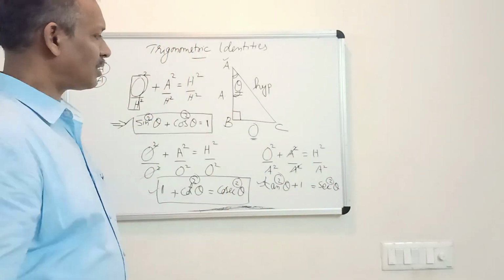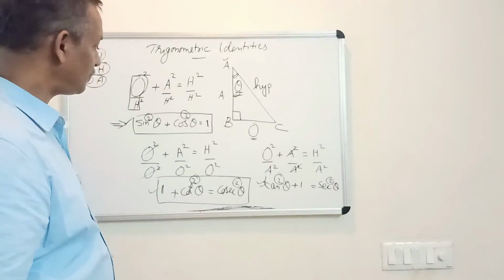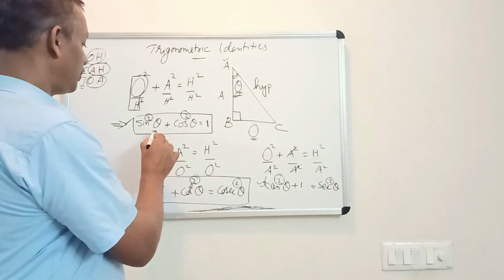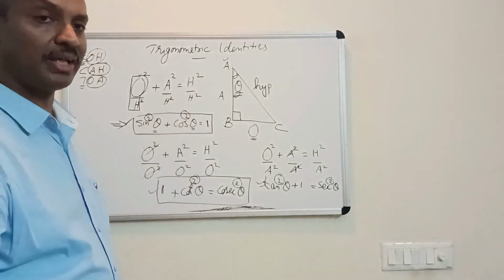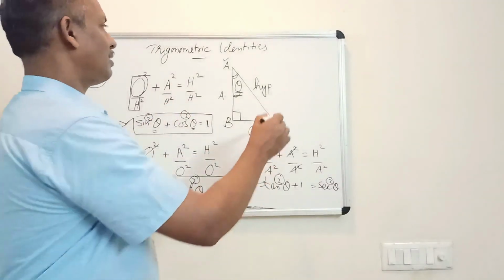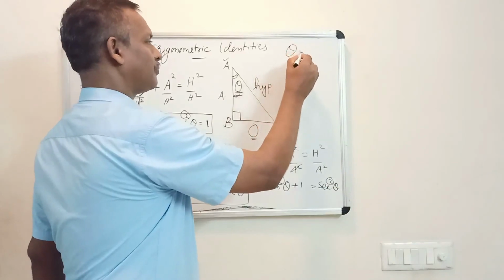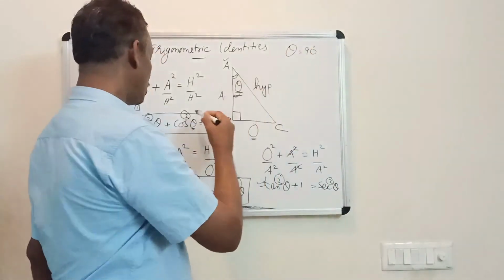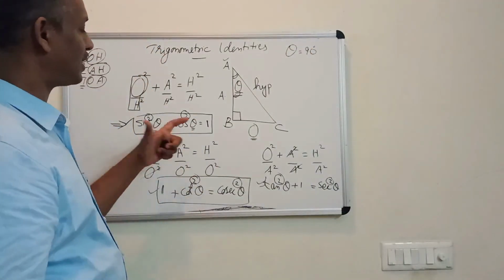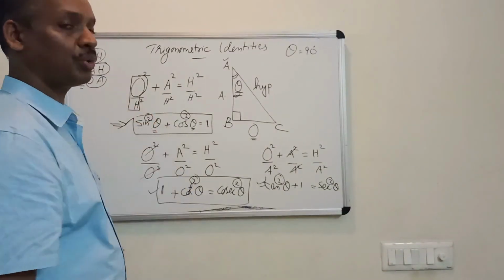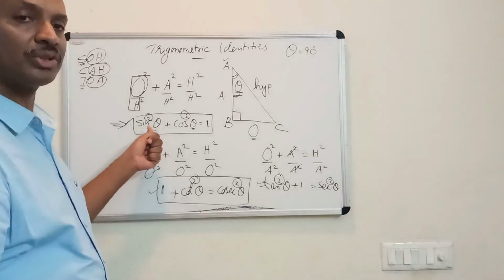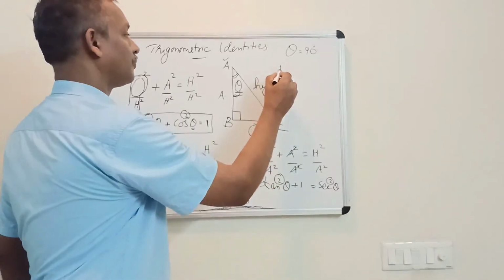Why is this called an identity? For any angle you put here for theta, the LHS and RHS will be equal. We can try. Let theta be 90 and try in all the identities. We can try for the first. Sin 90, you all know, sin 90 is 1, so 1 square is 1.